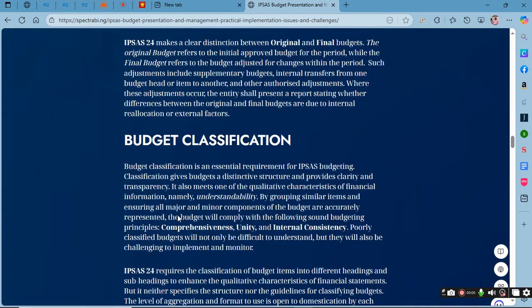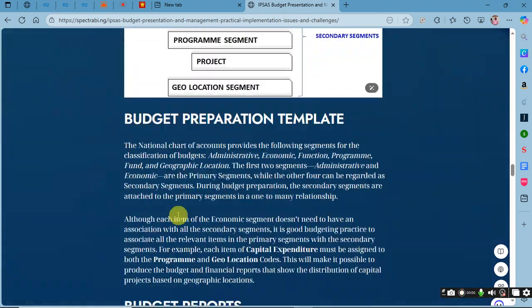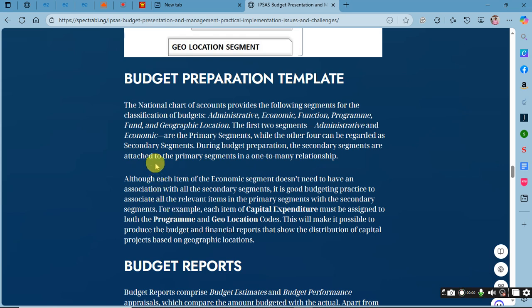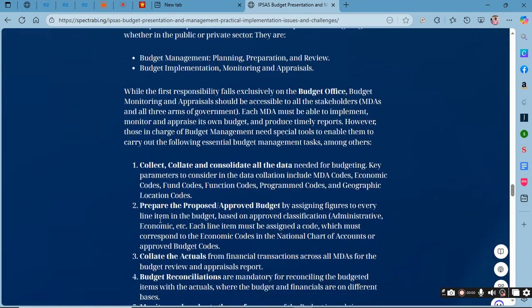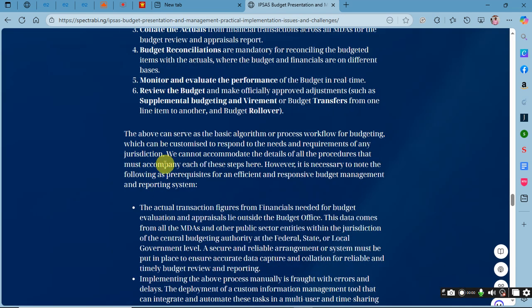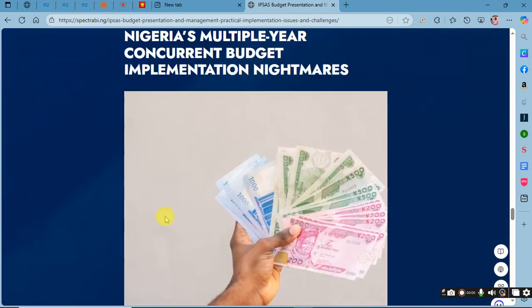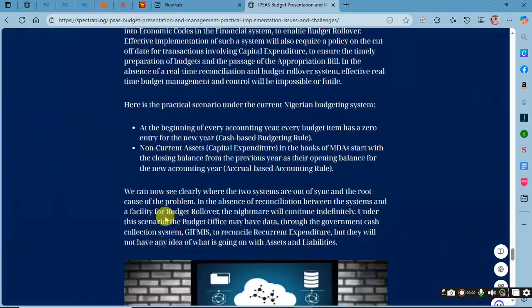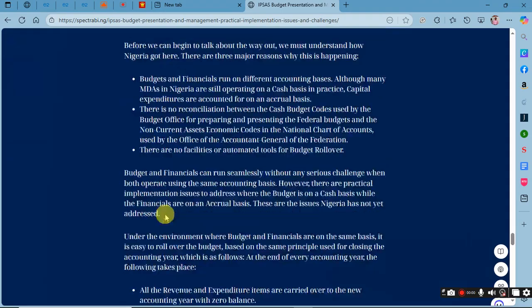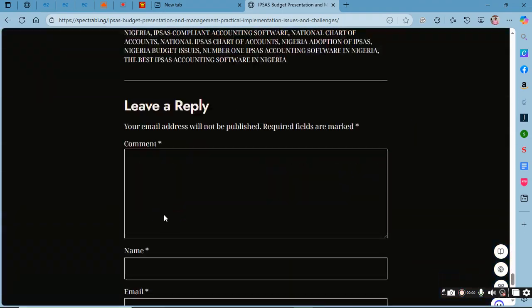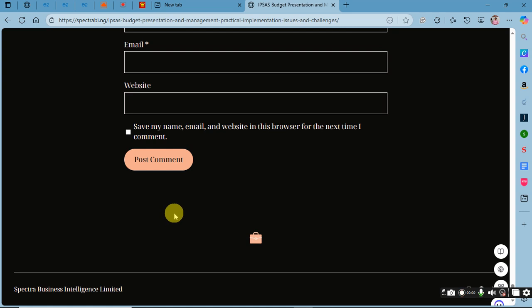And from this post, detailed enough, you will also see why the challenge Nigeria is facing in this implementation of budget, why Nigeria is operating two or more budgets simultaneously, concurrently in the same accounting period. You will now know where that problem comes from and how that problem can be resolved. Again, we keep saying that because of lack of executive will, problems occur that could never have occurred if IPSAS was fully implemented and embedded in the system.